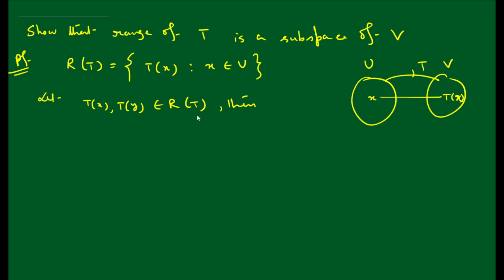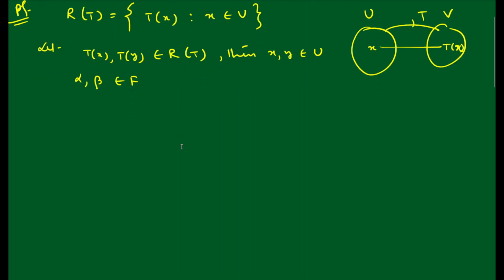If T of x and T of y belong to R of T, it means x and y are from U. And we have to take two scalars, alpha comma beta belongs to what? F. Suppose the scalar field is F here.